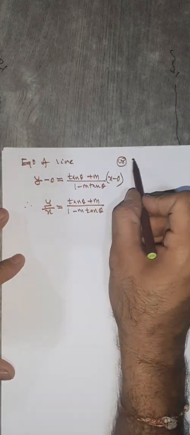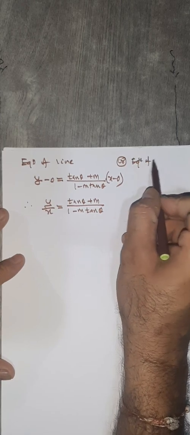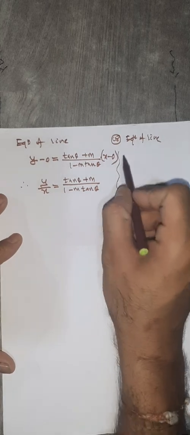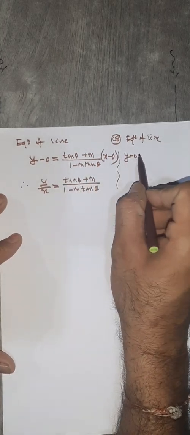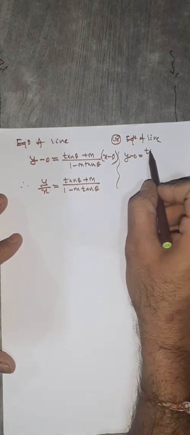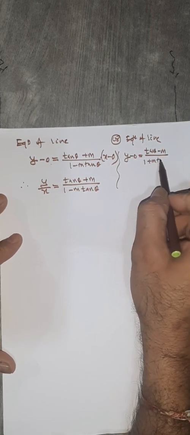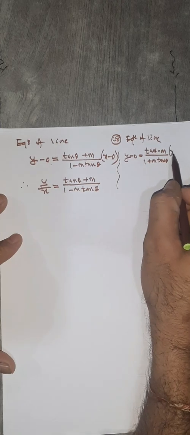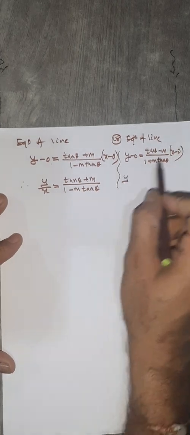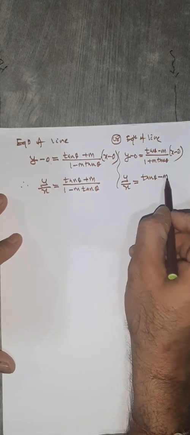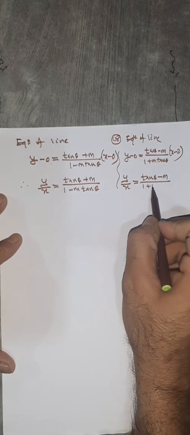Or same way, the equation of the line on the other side: y minus y0 equals, what's the slope here? Tan theta minus m upon 1 plus m tan theta into x minus 0. Take x down, therefore y by x equals tan theta minus m upon 1 plus m tan theta.